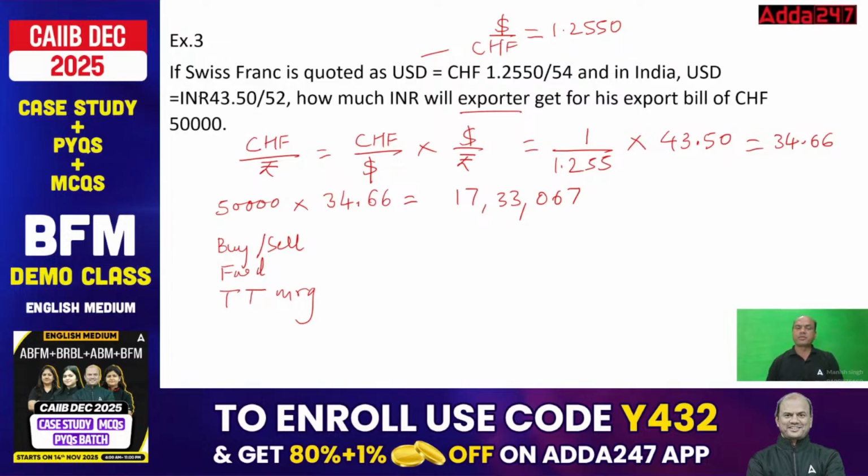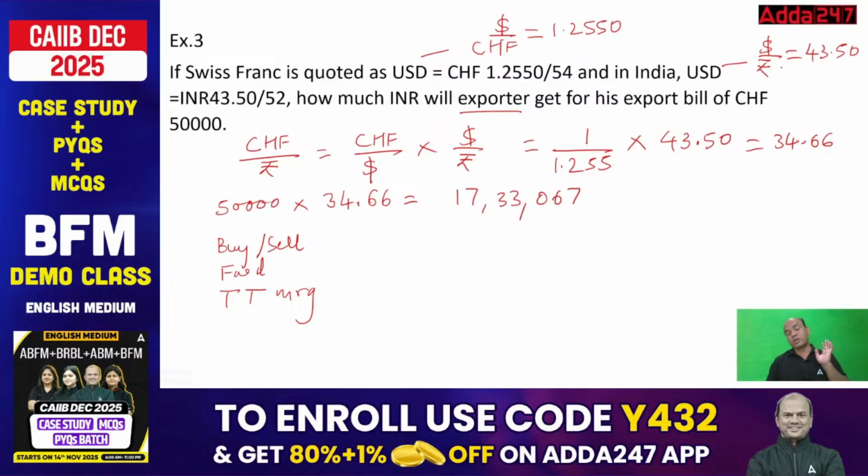Dollar upon rupee is 43.50. Here the dollar cancels, and rupee stays on top. So that is equal to 43.50, which is correct. You wanted only dollar upon rupee. So do the calculations, you'll get 34.66. So CHF to rupee is 34.66.